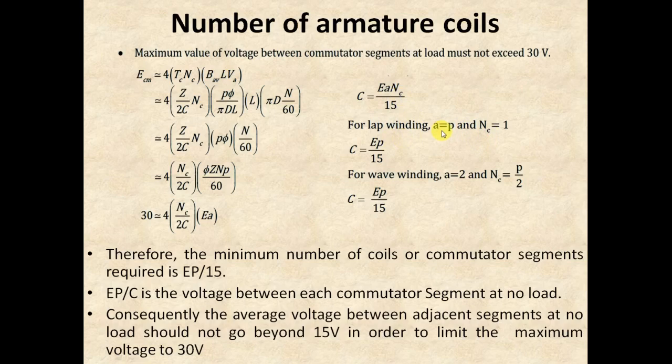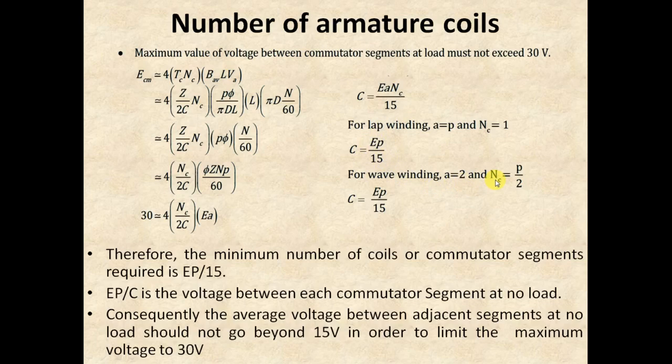In the case of lap winding, the value of A is equal to P. Therefore, the value of Nc is 1. While making the substitution of Nc equal to 1 in this relation, we will be able to get the value of C for lap winding machine as Ep by 15. Whereas in the case of wave winding, the value of A is 2.